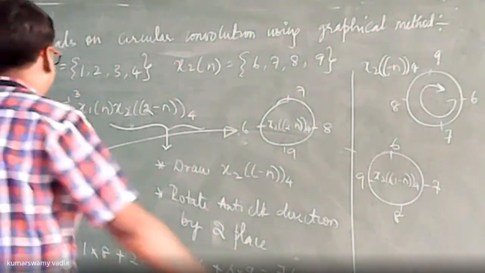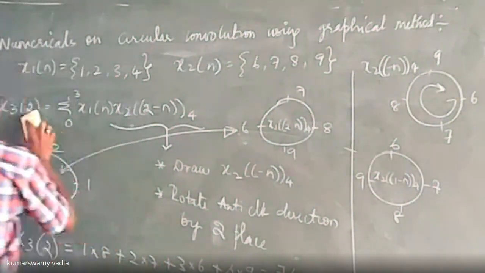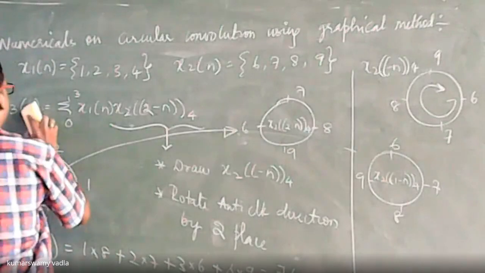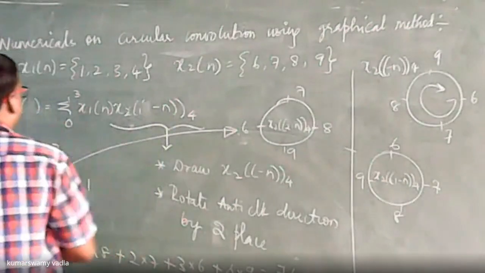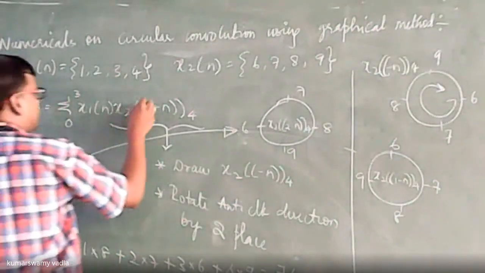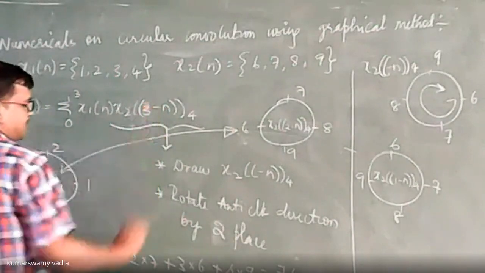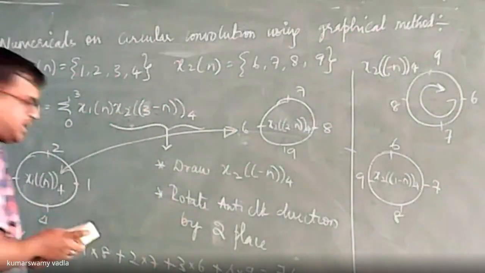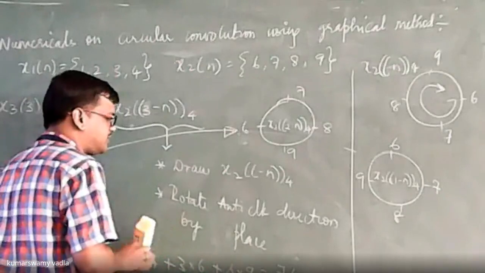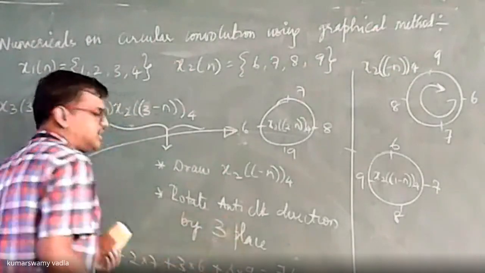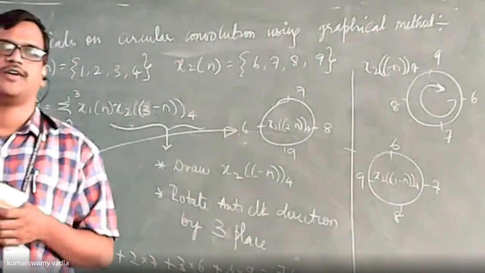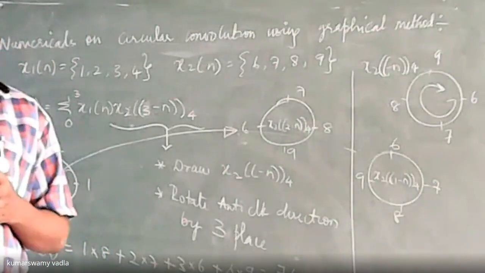Okay. x3 of 3, you should write down here 3 minus n. Then next change is you should rotate this by 3 places. One more thing, students, here.